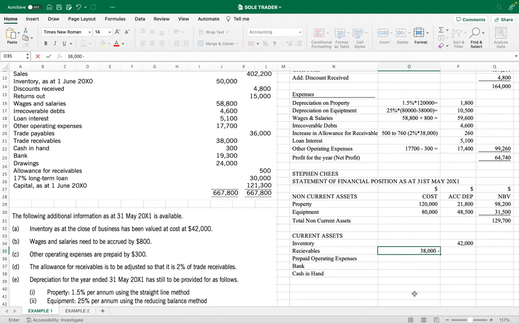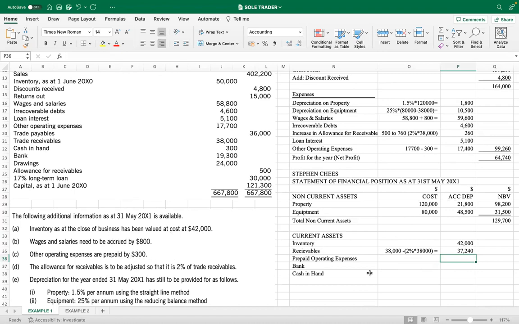The allowance was 2%, because it was an increase, times 38,000. So it equals 38,000 minus the 760. So 2% was 760 times 38,000. So it gives you 37,240. Prepaid operating expenses was 300.